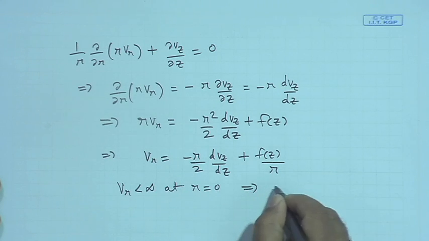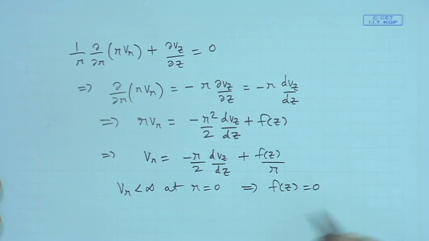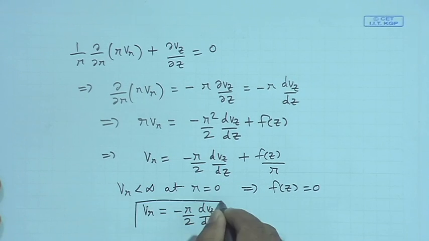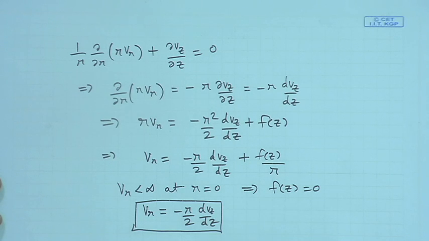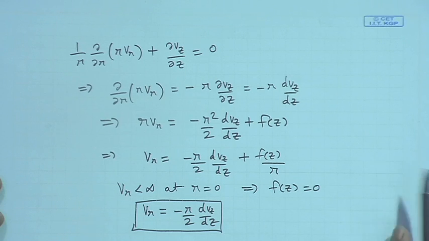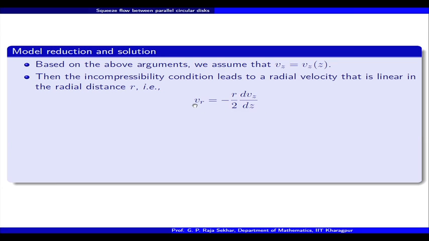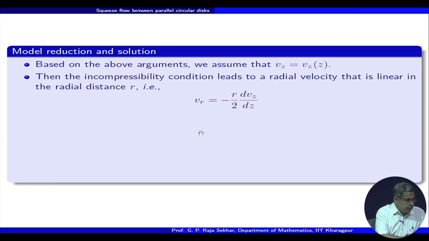So the incompressibility condition has given us that this is a function of z. So radial velocity depends linearly on the radial distance. That is an inference from this relation we are getting. In any case, we are going to use this for further analysis. That is what I have indicated here, this is the incompressibility assumption.